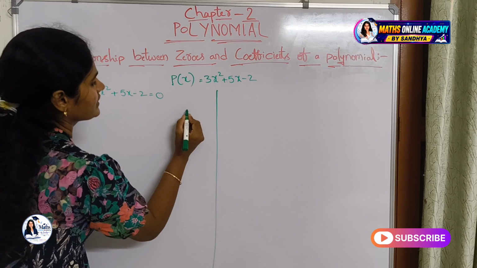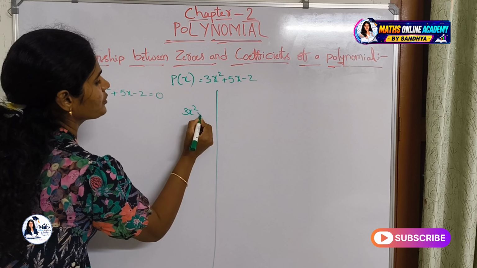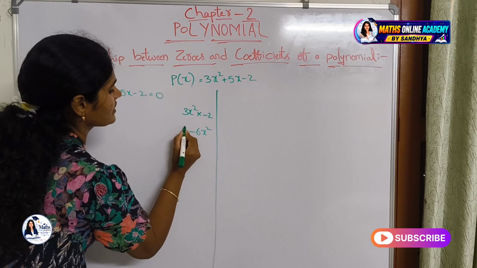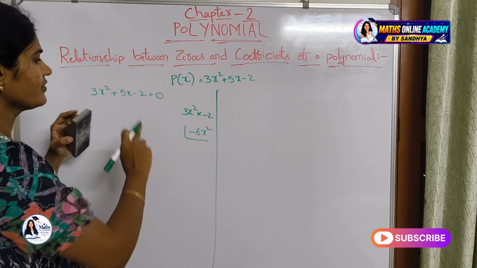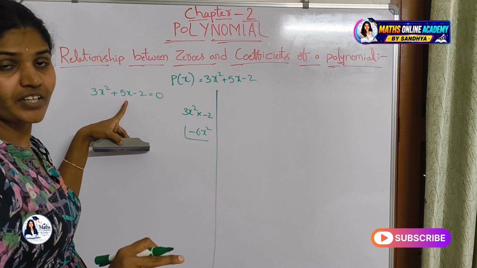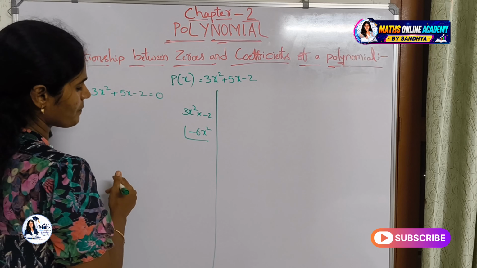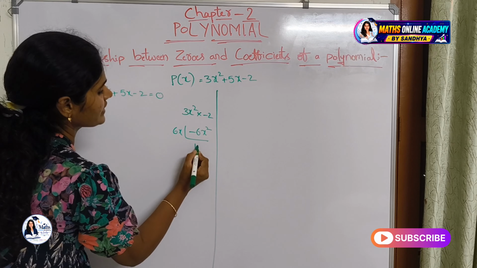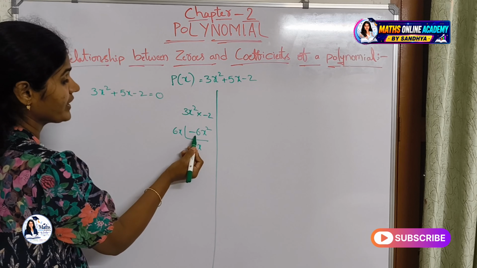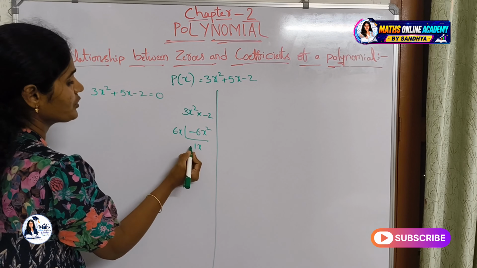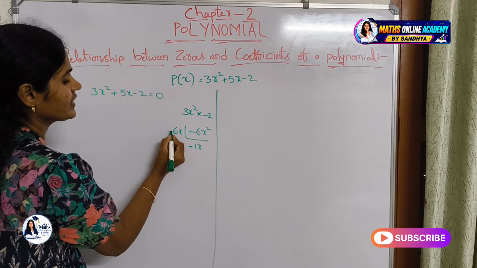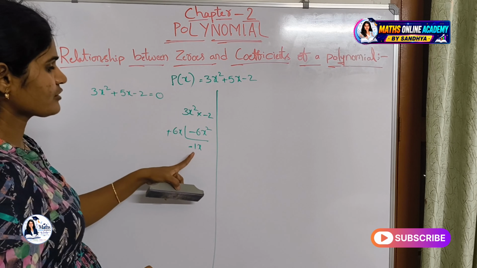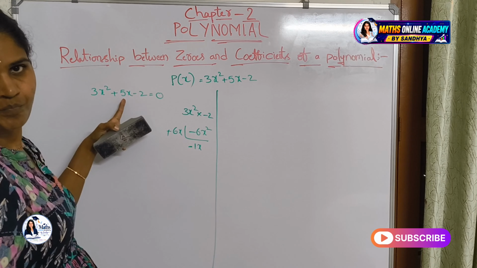Multiply 3x square into minus 2, that is minus 6x square, and here we want to get 5x. So how to get it? 6x into 1x gives 6x square, and minus 6x square, so you take minus here, plus here. 6x minus x means 5x.